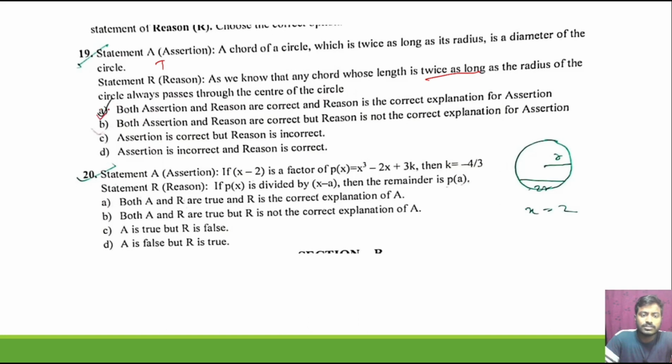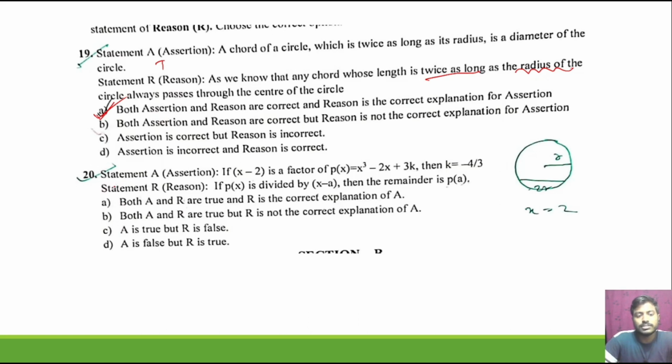True. So option A is the correct answer.